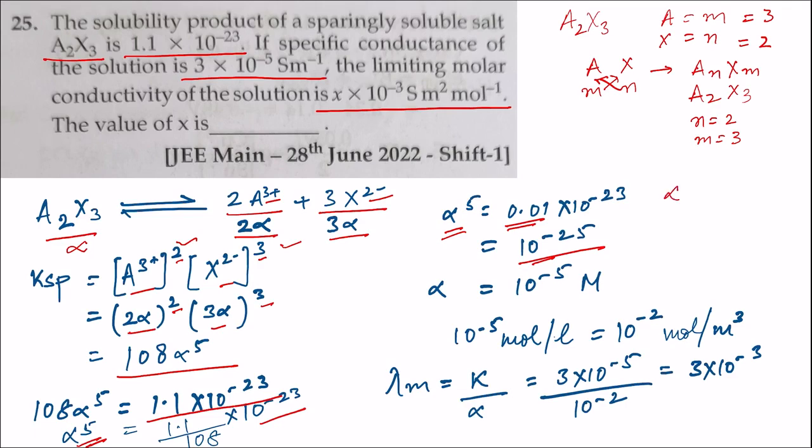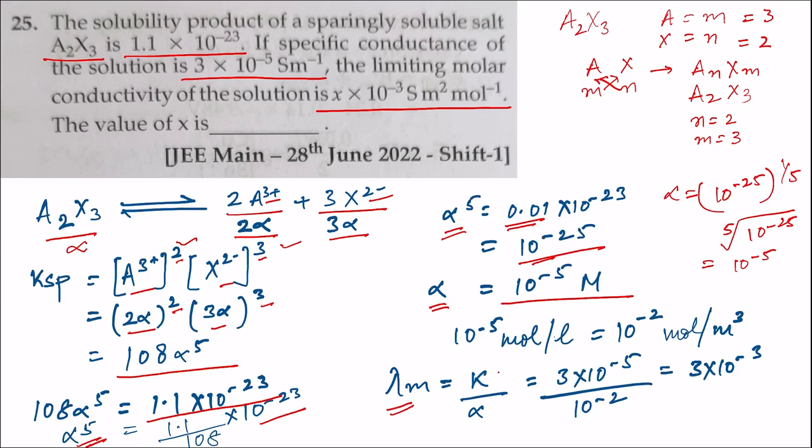So alpha will be equal to 10 to the power minus 25 raised to the power 1 by 5, or the fifth root of 10 to the power minus 25, which is equal to 10 to the power minus 5. So the value of alpha is 10 to the power minus 5 moles per liter.